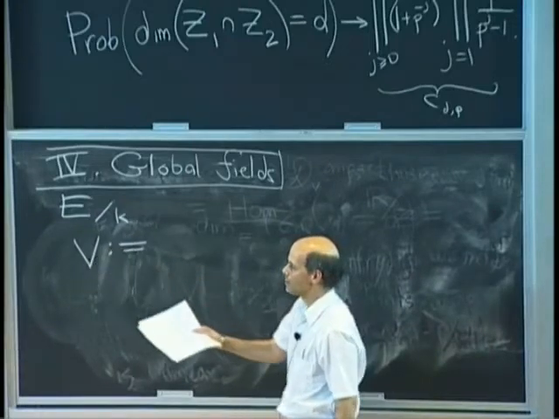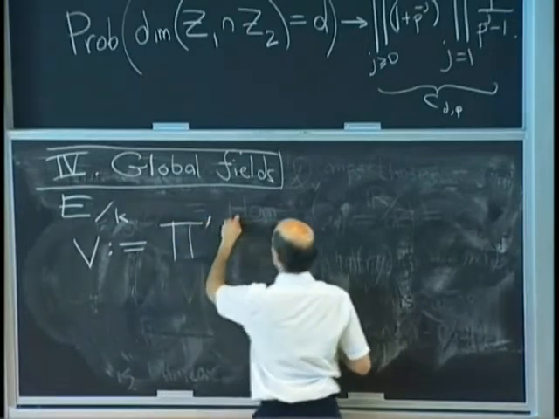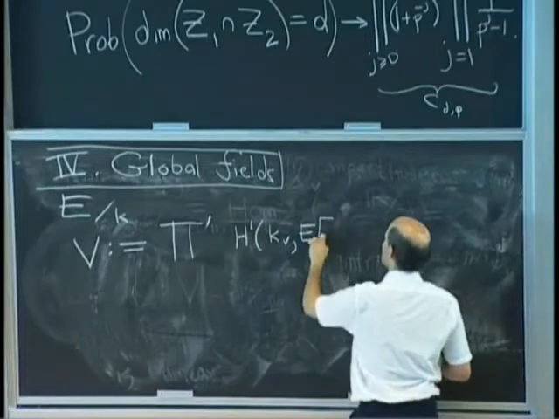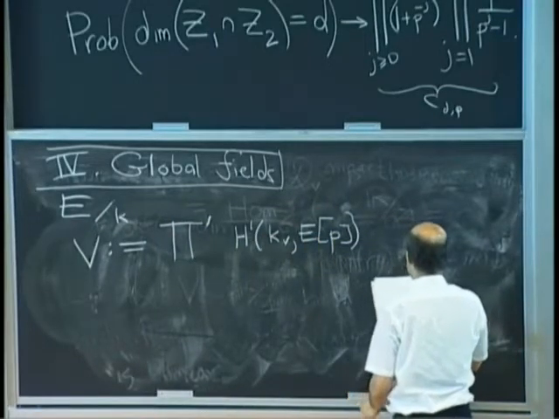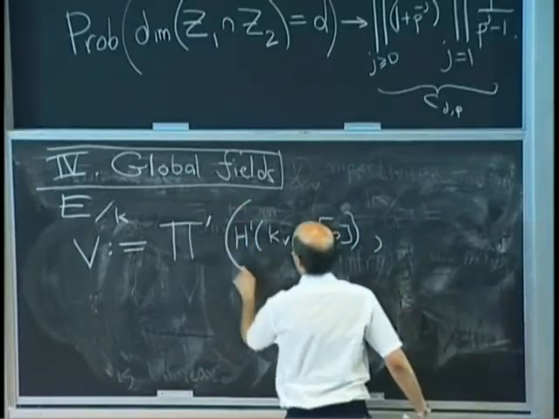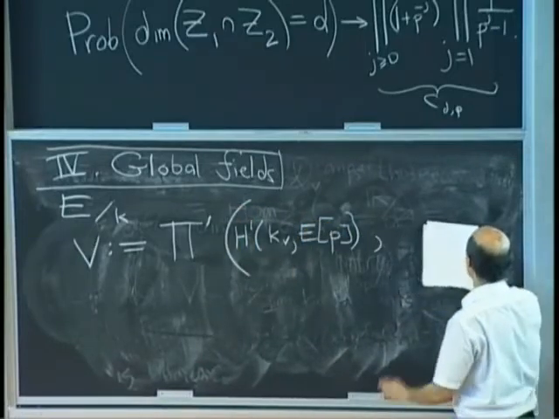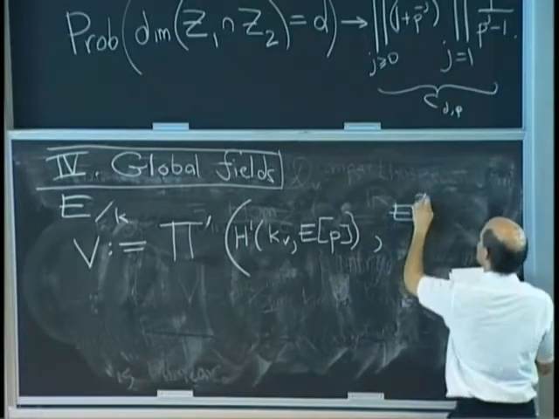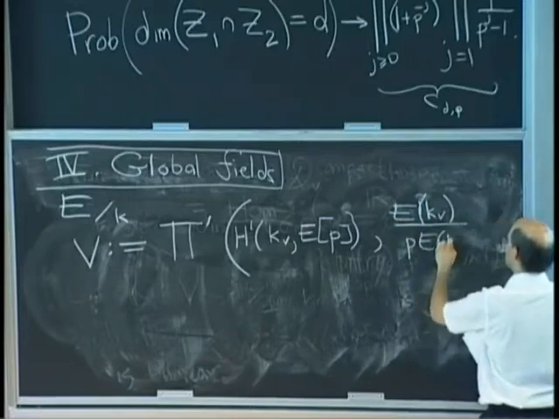You take the restricted direct product of all the local ones, all the H1 of kV with E[p]. Those are the big subspaces, and I take the restricted direct product with respect to these maximal isotropic things, E of kV mod p E of kV.